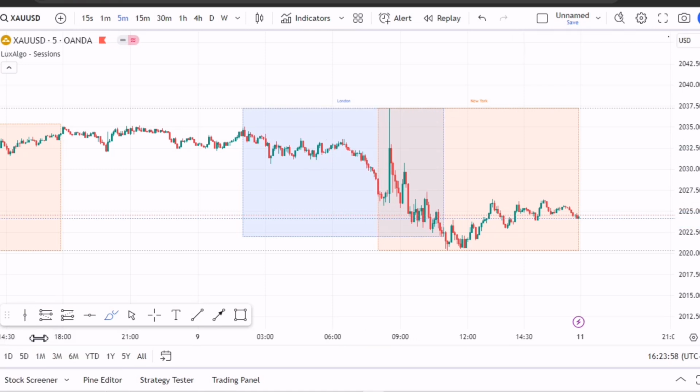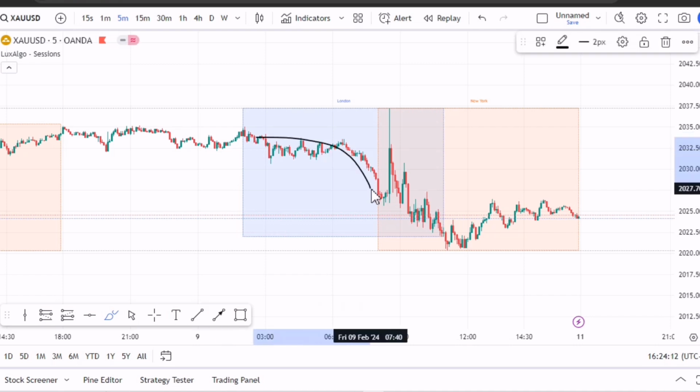And what you are observing, traders, is the bigger move made by price right here. If the bigger move was a sell, as you can see, for the most part price was selling in the London session alone. When the New York session opens, it is going to spike in the opposite direction of the larger move made by price on the London session alone.